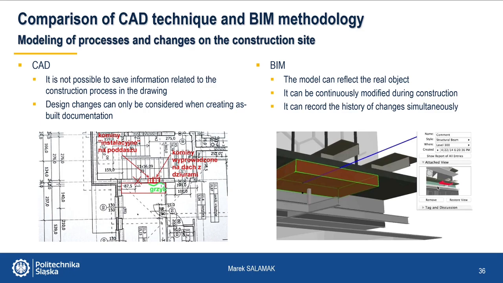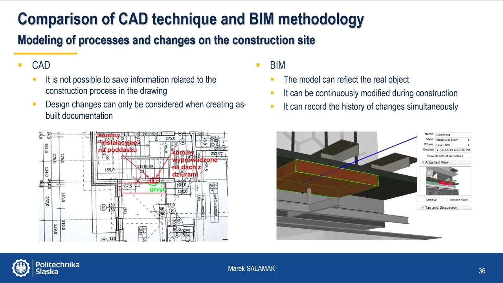Even greater differences exist when modeling construction processes and introducing changes to the site. In CAD techniques, it is practically impossible to save information related to the construction process on the drawing. Design changes can only be taken into account when creating as-built documentation.